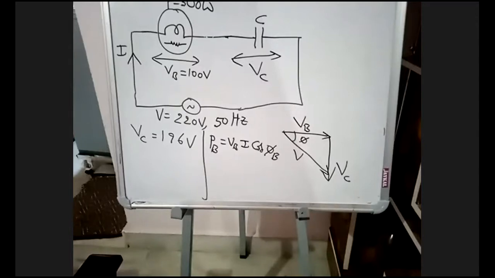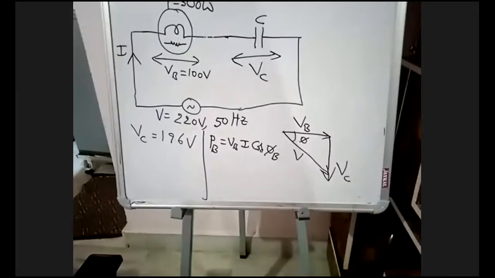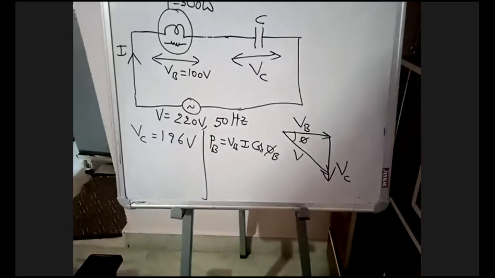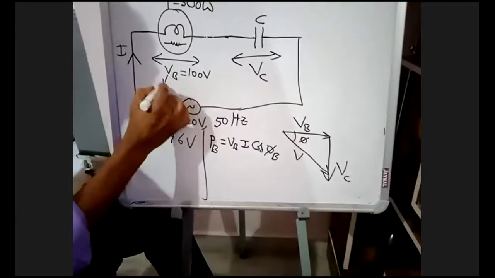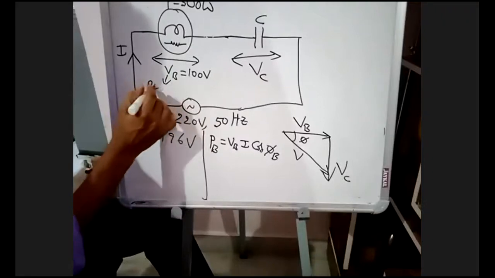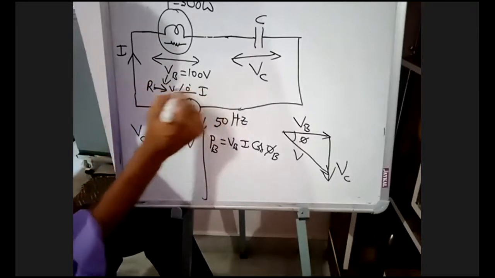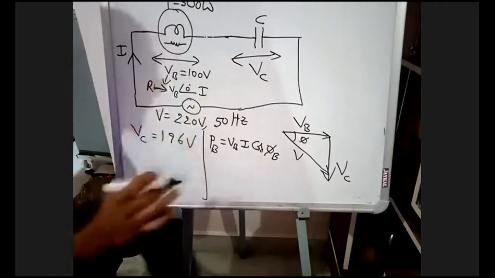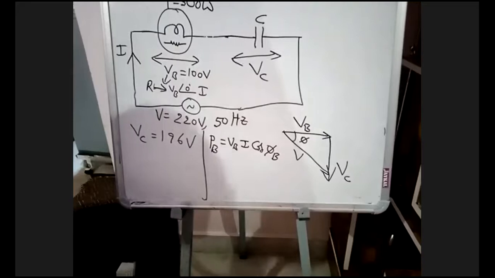Phi is 0. In resistance, the angle in between voltage and current is 0. In the bulb, I am saying.